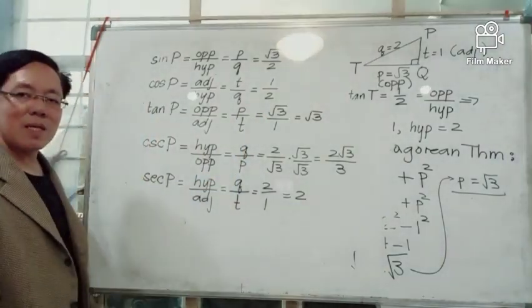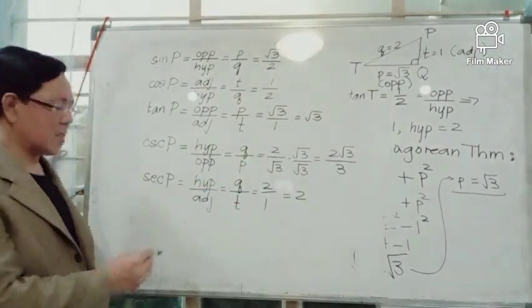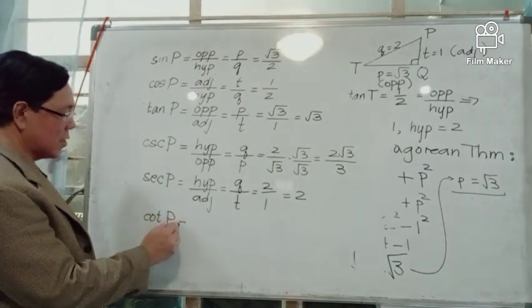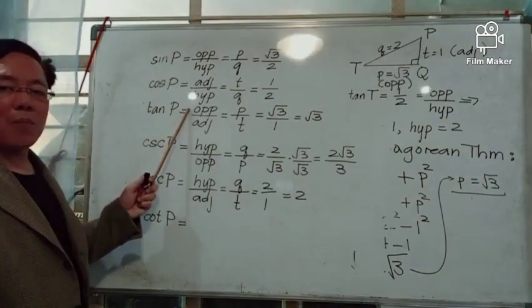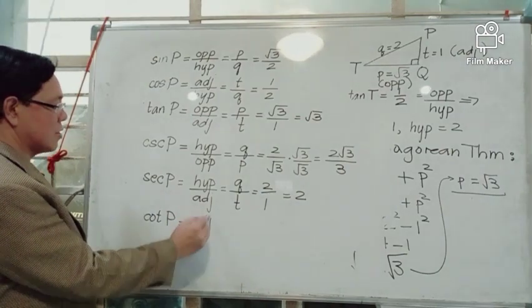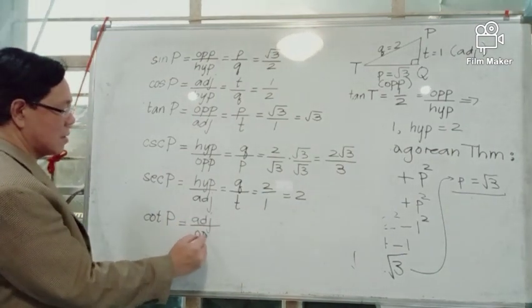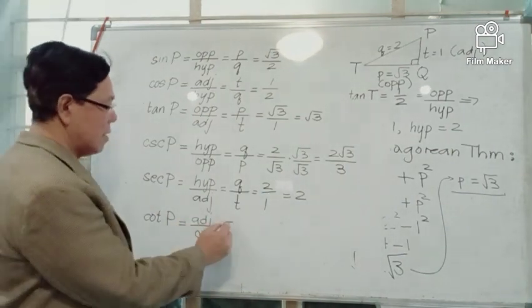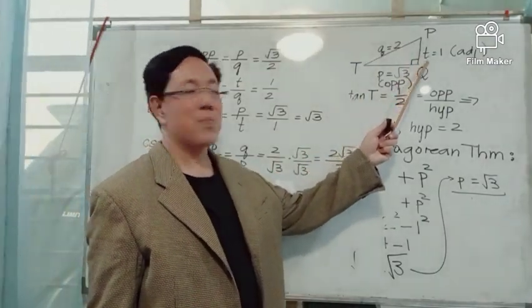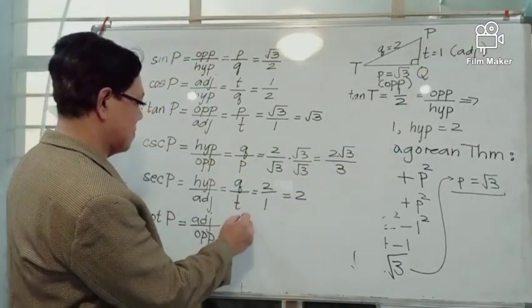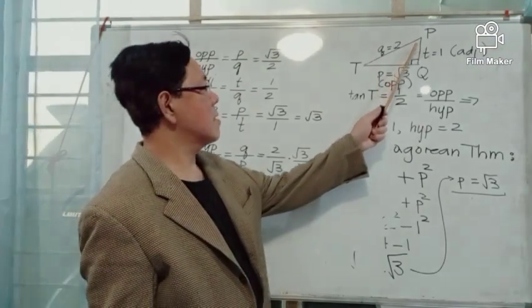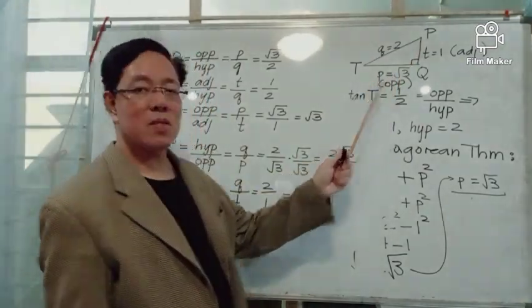And the reciprocal of tangent P is cotangent. Cotangent of P equals the reciprocal of opposite over adjacent, or adjacent over opposite. And adjacent to the acute angle P is t, over opposite the acute angle P is small p.